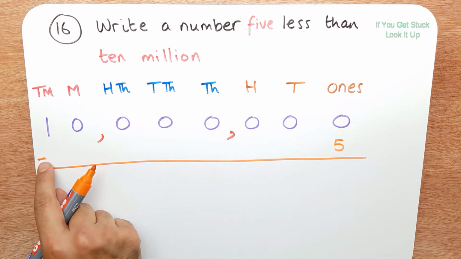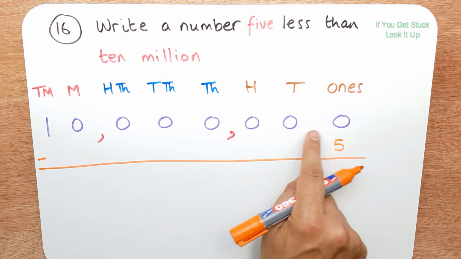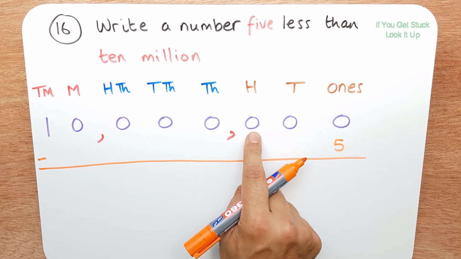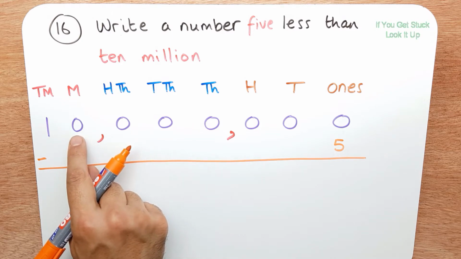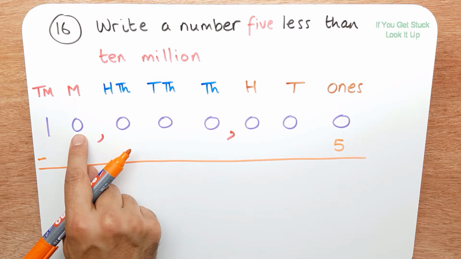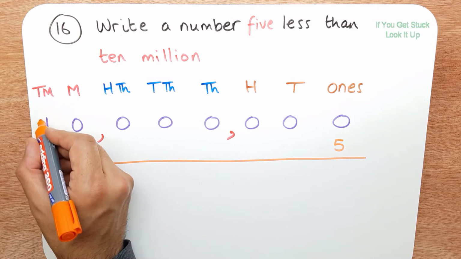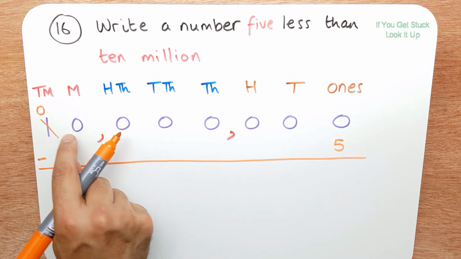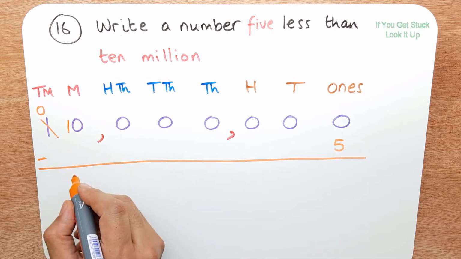0 take away 5. We can't do. So we have to go to the neighbour. But we can't do that. We have to go to the neighbour. We can't do that. And we keep doing that till we get to here. Now, this million has to go to the tens of millions to borrow 1. That 1 becomes a 0. And that 1 we've borrowed turns this into a 10.